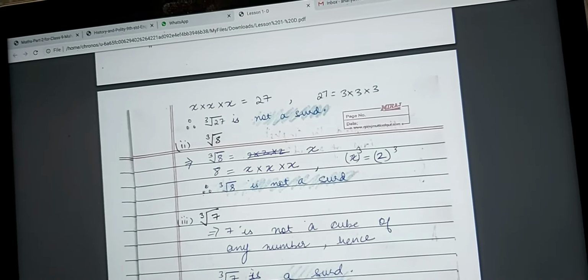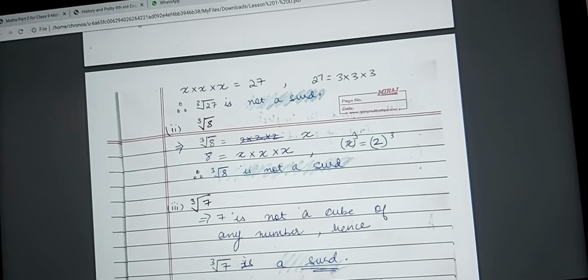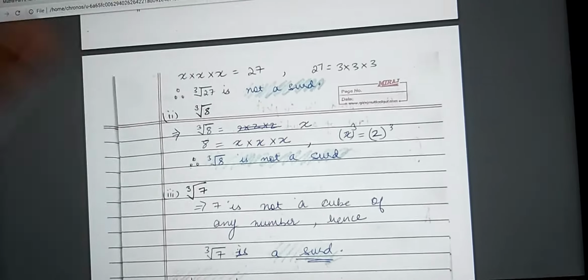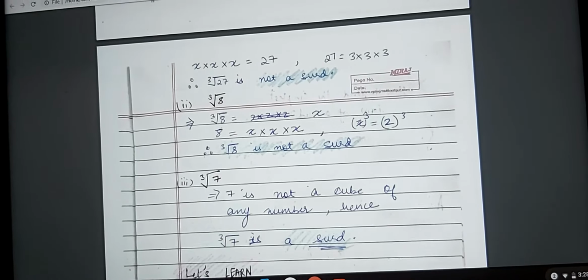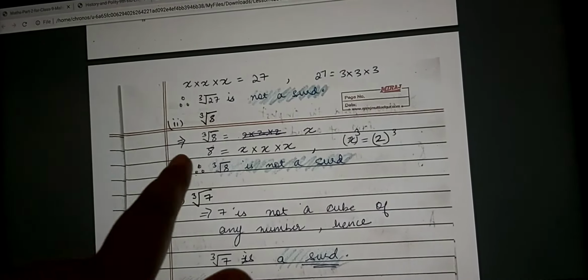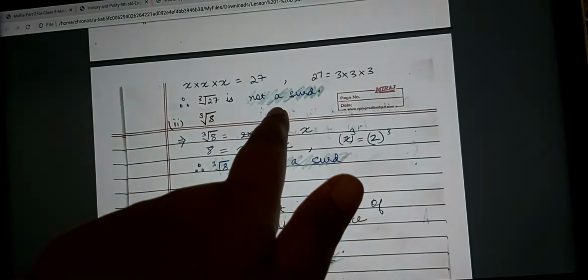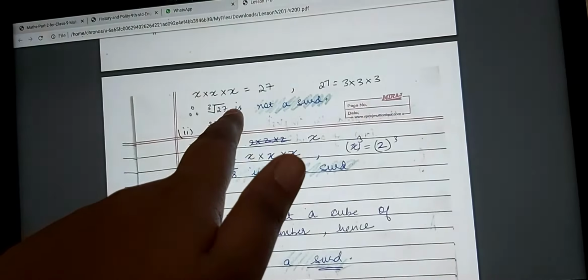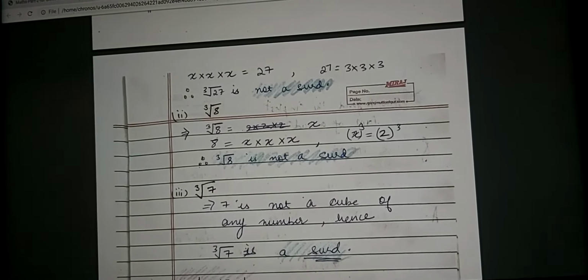Now x is one number, which means one number getting multiplied to itself thrice is giving you 27, which we know 3 into 3 is 9, and then 9 into 3 is 27, right? So 3 into 3 into 3 is equal to 27. So cube root 27 is not a surd because it is a perfect cube. Okay, it is a perfect cube.